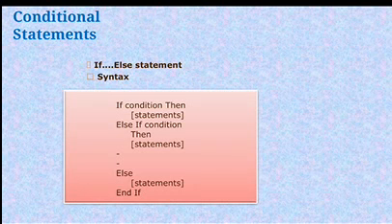So there are the following types of conditional statements in C language: the if statement, also called the simple if statement, the if else statement, the nested if else statement, the if else ladder statement, and the switch statement. There are many conditional statements.